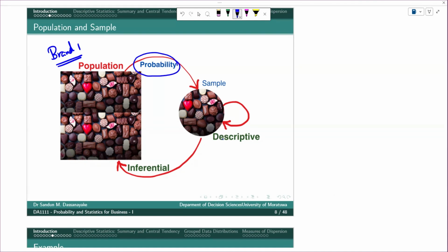If you have millions of chocolates, there is only a probability to pick a certain sample, right? You can pick your sample from here, you can pick your sample from there, or your sample can come from anywhere. So there is only a certain probability that a set of chocolates will be chosen. That is your sample.